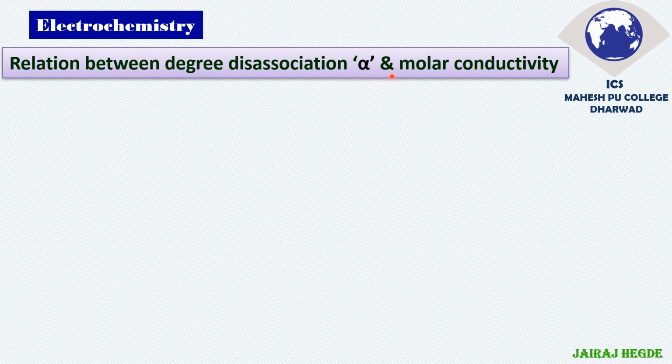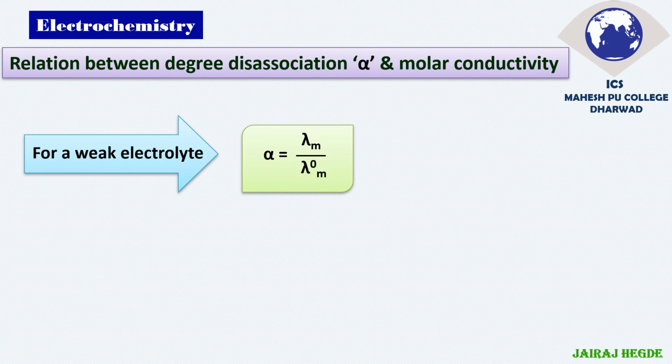And we have a fixed relationship between degree of dissociation alpha and molar conductivity: alpha is equal to lambda m by lambda m naught. This is for weak electrolyte, because for strong electrolyte the degree of dissociation is always unity, as it undergoes complete ionization, whereas for weak electrolyte it is less than 1.